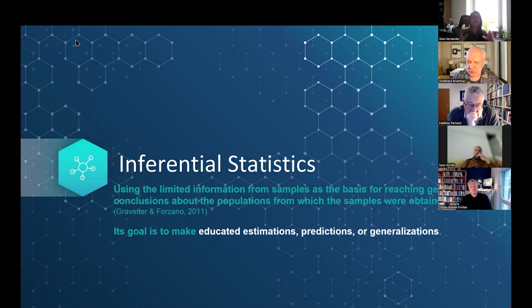This is why inferential statistics is widely used, because it's more sexy: you can take one sample and then make inferences, estimations, predictions about finding the same phenomena in a broader population, right? So this is how we use inferential statistics, and this is why they are important. It is all about making predictions.